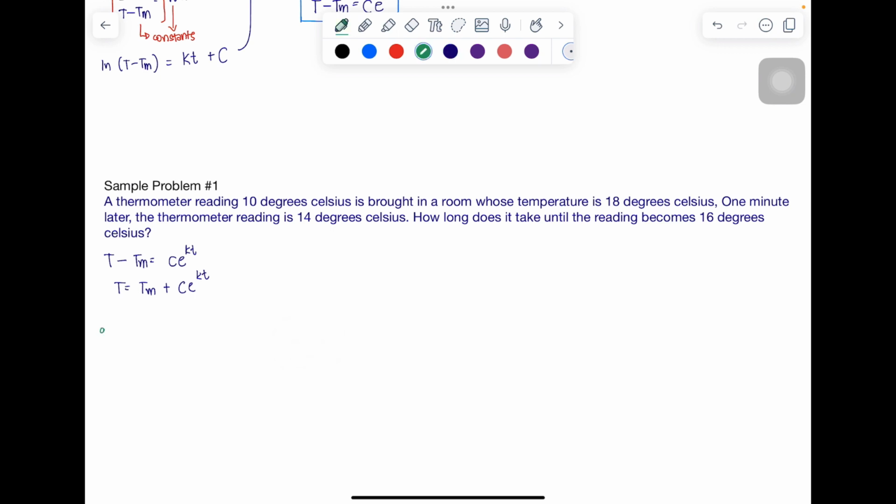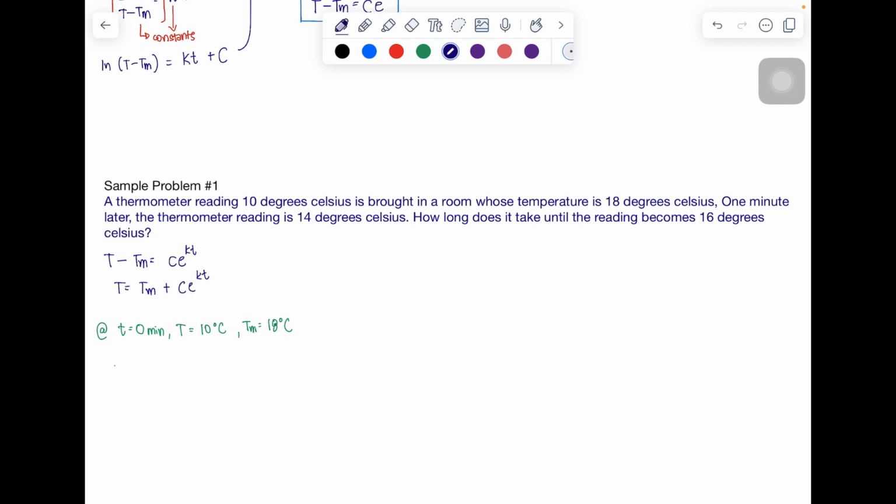So at time 0, that is the initial condition. What is the temperature of the thermometer? It reads 10 degrees Celsius. And the temperature of the environment, or the medium, is 18 degrees Celsius. So let's substitute the values into the equation.